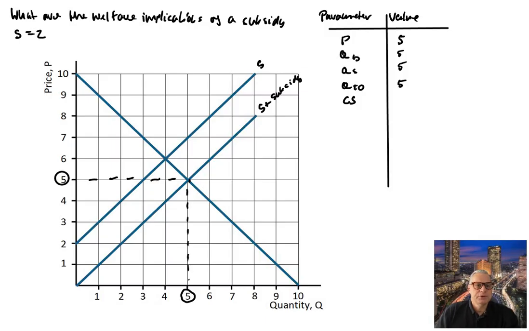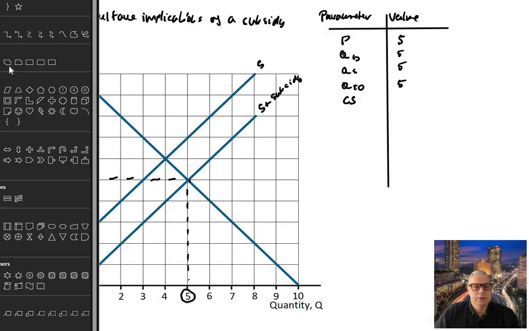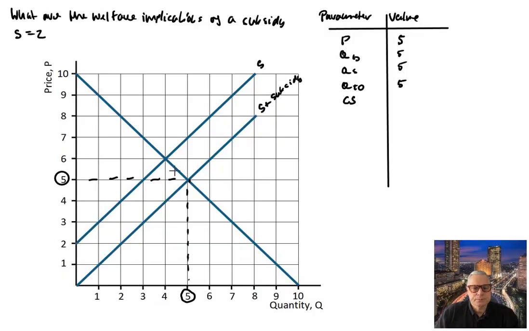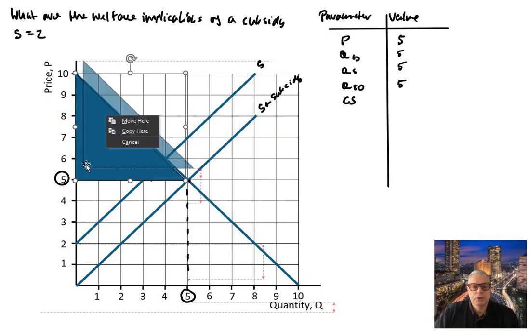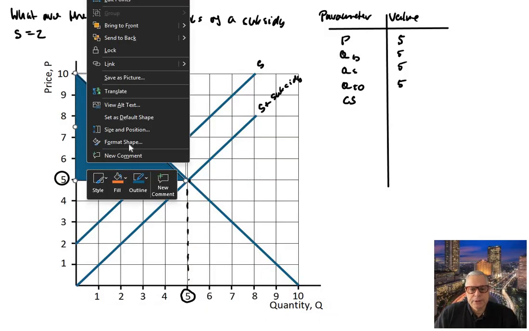So what I'll do is I'll just actually do that with a shape. Okay, so this would be consumer surplus. And let's format it.